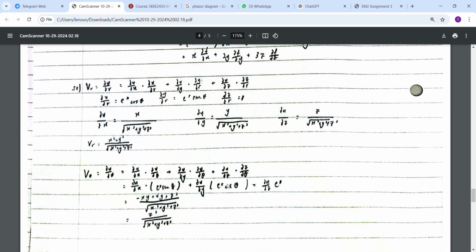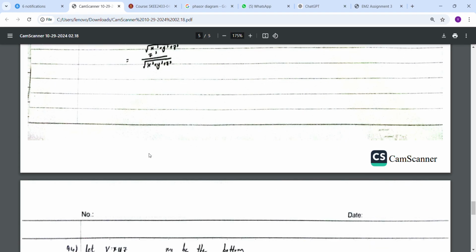After that, from the equation we can find the derivatives and insert them into the first formula, then we can get the final answer.